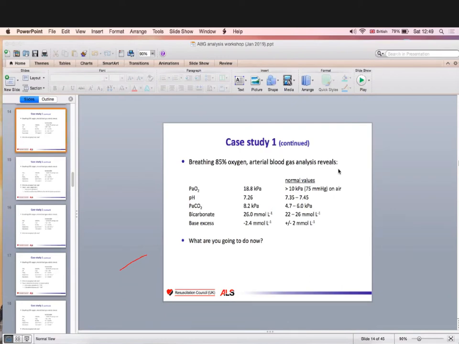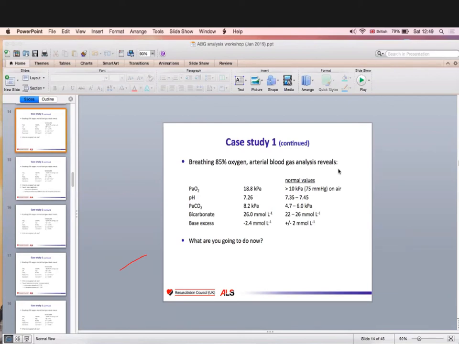So in head injury patients, as I told you when we discussed head injury, we need at least a partial pressure of 100 of oxygen in the blood. So this patient with 85% has a concentration of 150.